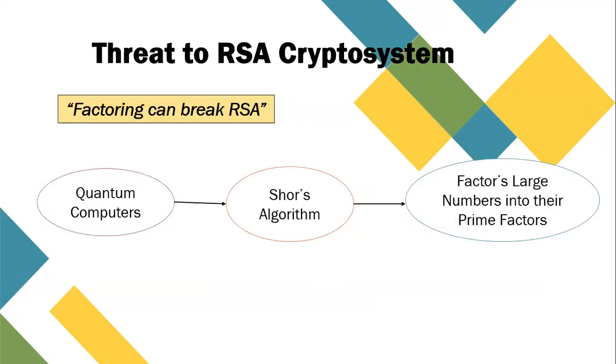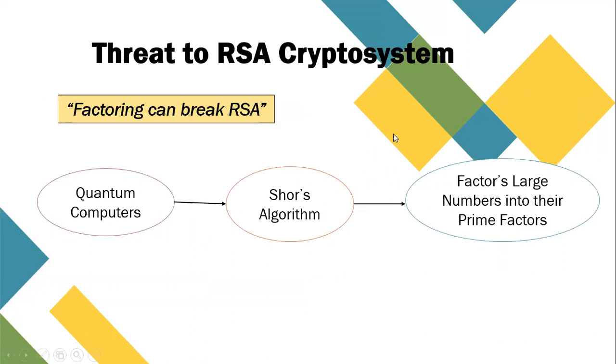Next, we'll talk about the potential threats to the RSA crypto system. The very basic threat to RSA is factoring. If very large composite numbers can be factored into their prime factors, RSA will be broken.